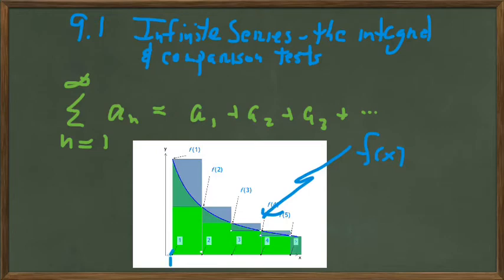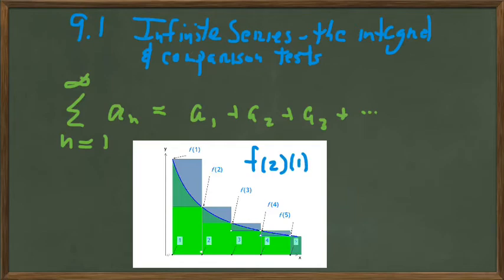Here's 1, and this height right here is f of 1, and here is the x value 2, and this is the height f of 2, etc. We can see from this graph that all of these rectangles have width 1, so let's indicate that the width is 1 just in this first case.